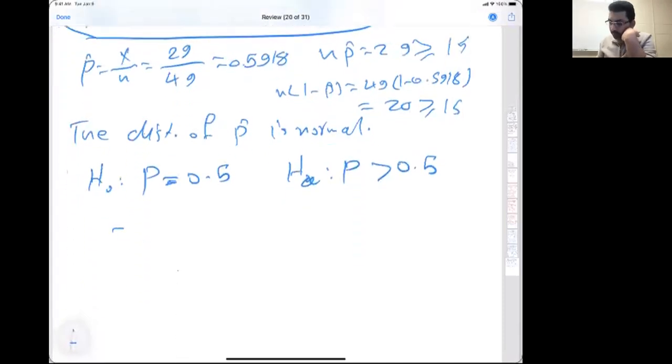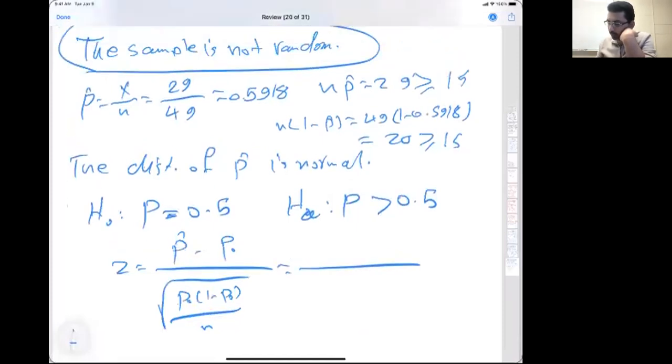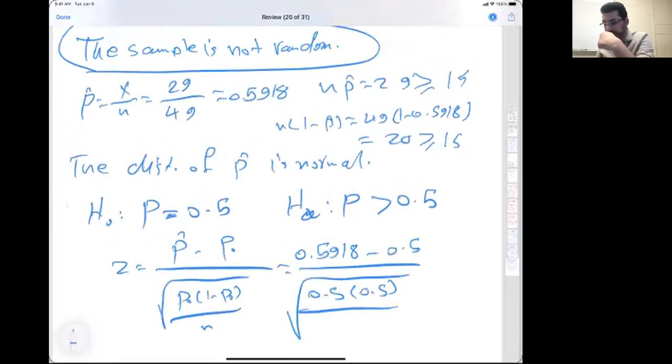The test statistic will be z equals p hat minus p naught divided by the square root of p naught times 1 minus p naught divided by n. So p hat is 0.5918 minus p naught 0.5, divided by the square root of 0.5 times 0.5 divided by n, 49. So it's equal to 1.286.